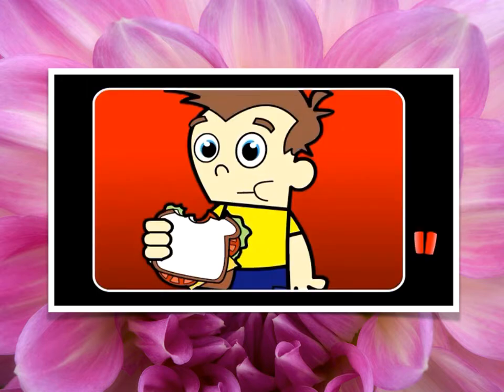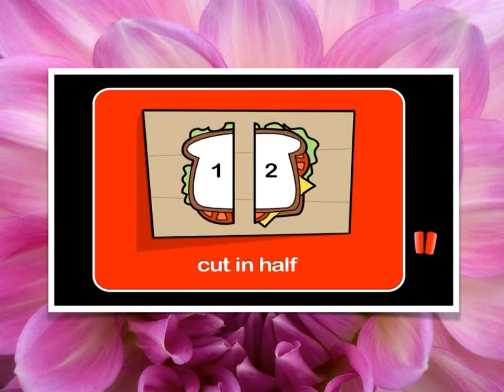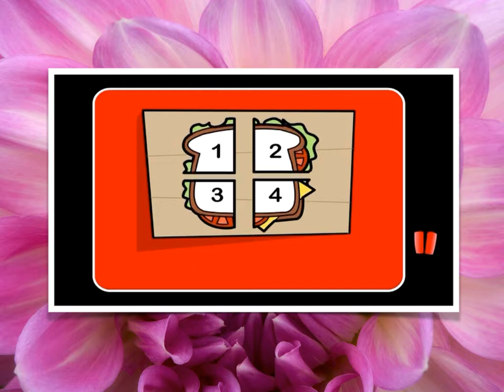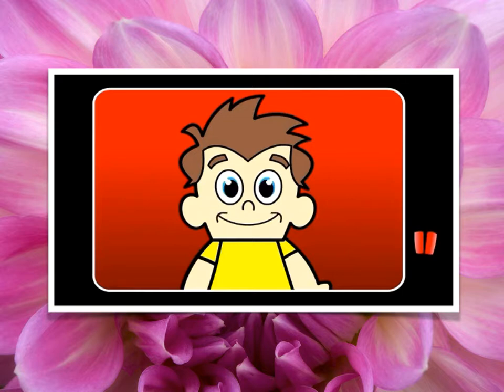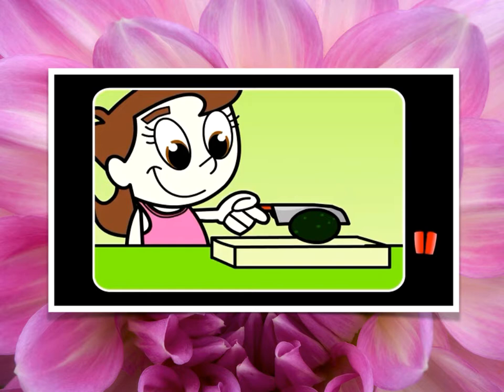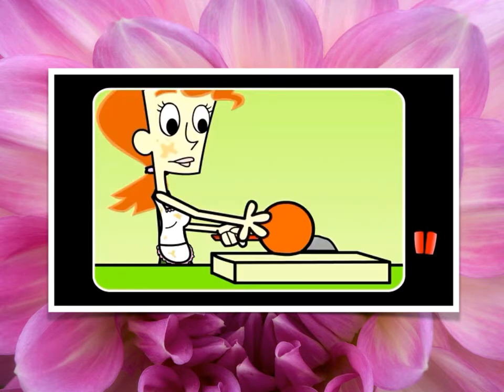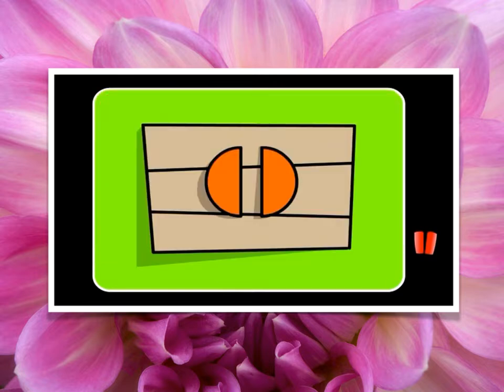When you have a sandwich, do you like to cut it into 2 pieces or 4? If it is cut into 2, we say it is cut in half. If it is cut into 4, we say it's cut into quarters. We are often cutting things in half for all different reasons. When Sally eats avocado, she cuts it in half like this. To make orange juice, Mum cuts the orange in half like this, to squeeze it.